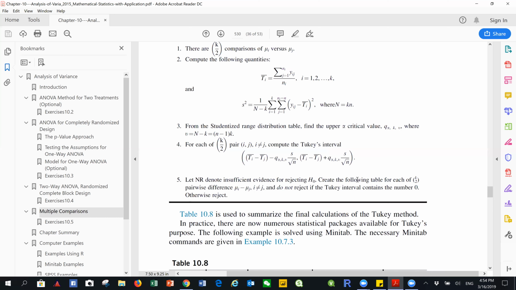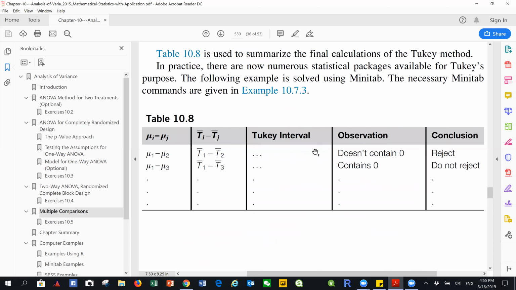Create the following table for each of the k choose 2 pairwise differences, and do not reject if the Tukey interval contains the number 0, otherwise reject. So you use that interval to see whether it contains 0 or not to determine whether you reject.